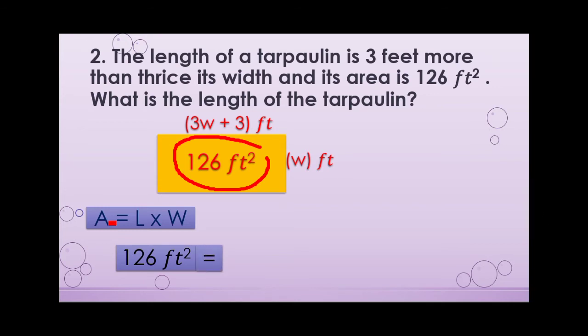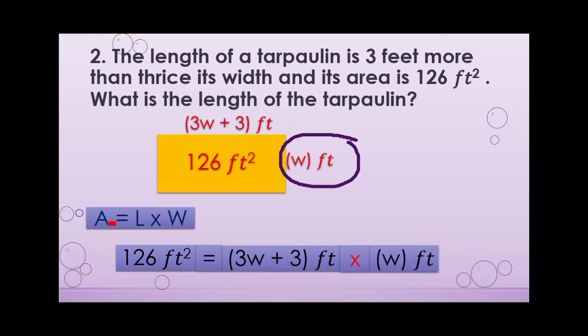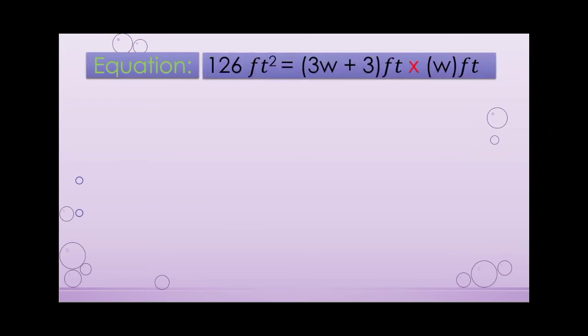Then, this is equal to the length, which is 3W plus 3 feet multiplied by W feet. Okay. Now, let us solve for the width. So, the equation now is 126 square feet is equal to 3W plus 3 feet multiplied by W feet.